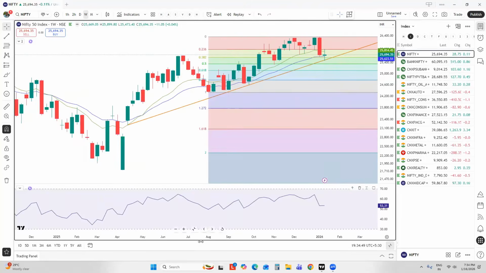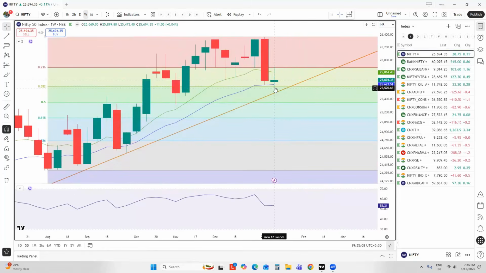Let's find out. Then we do have a trend line support. This is the first, second, and third point. So we have 3 points over here, which gives us a decent trend line support, which is existing since May of 2025, which is a pretty good distance.